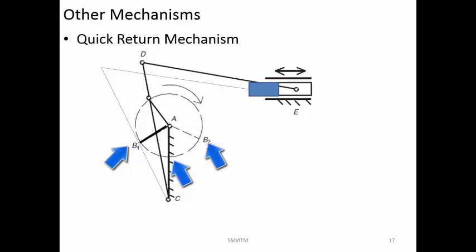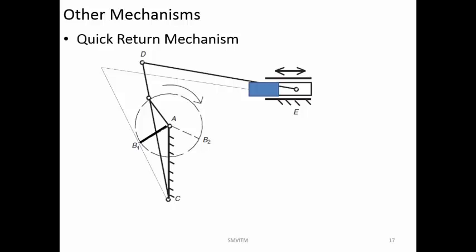So when the crank is rotating from B1 to B2, the forward motion takes place at a slightly reduced speed. But when the crank is moving from B2 to B1, the slider is moving backwards, and that motion will be completed very quickly. So that is why we say it is a quick return mechanism, because the slider is moving backwards in a very small amount of time.